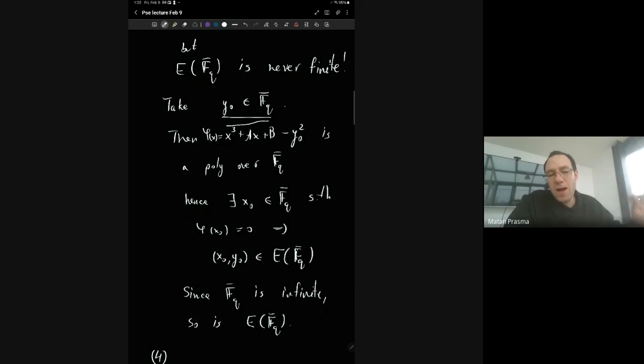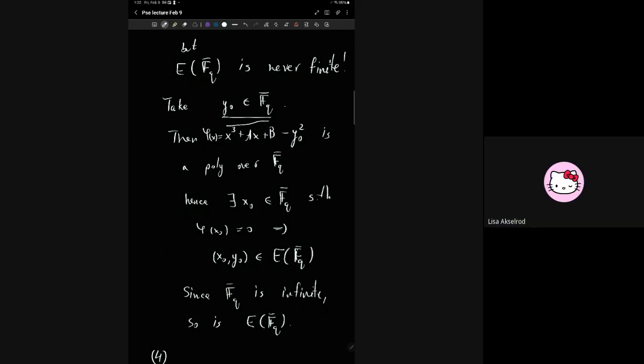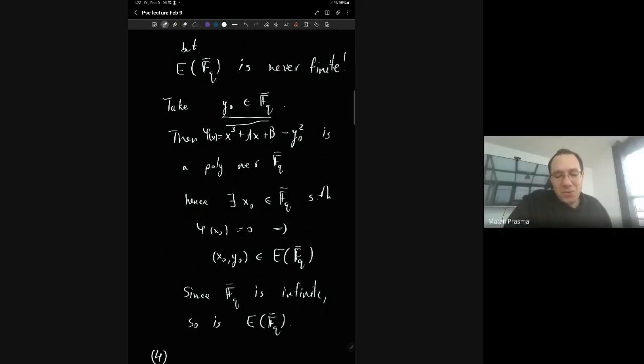I find a root for phi, right? Yes, but can it be the case that FQ bar is infinite, but there is not an infinite amount of solutions, or does it depend on the equation? No, it doesn't depend on the equation. It's always true. So I'm trying to explain.